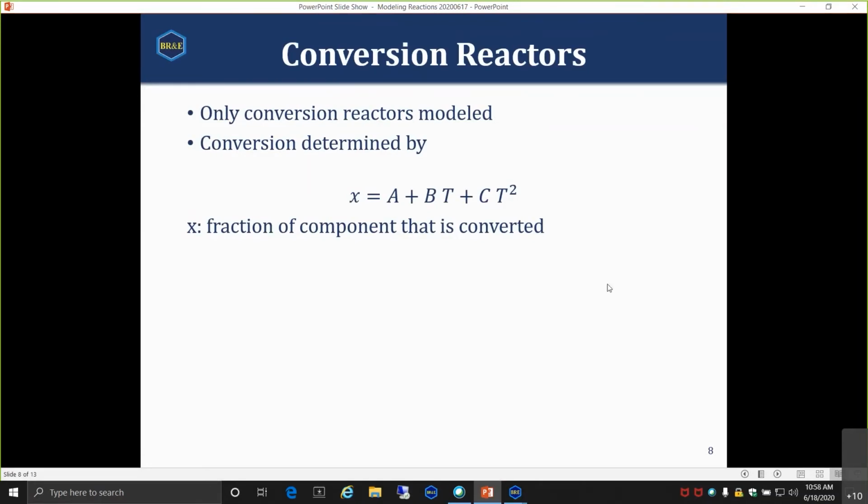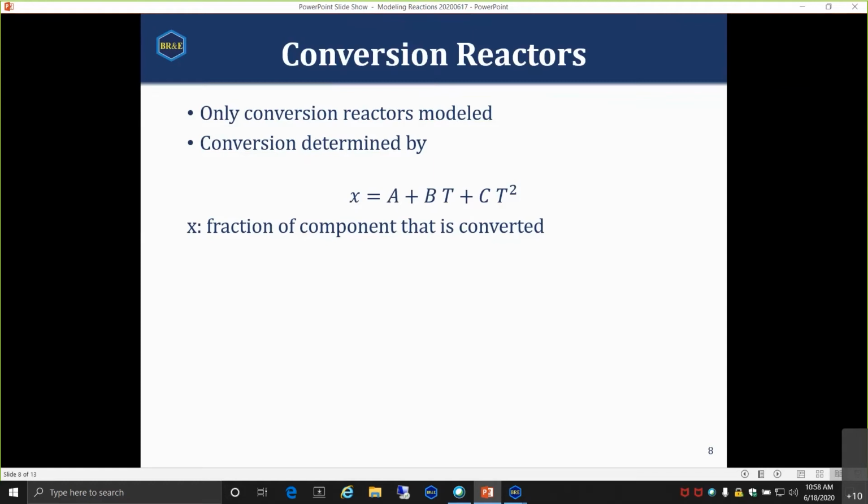All right, then, let's talk a little bit about the conversion reactors. It follows a very simple quadratic expression in temperature, and so you can set an exact amount of conversion. If you want to say 100% is converted, you can set that A factor to 1 and leave the B and C to 0, and all of that component will then be converted.